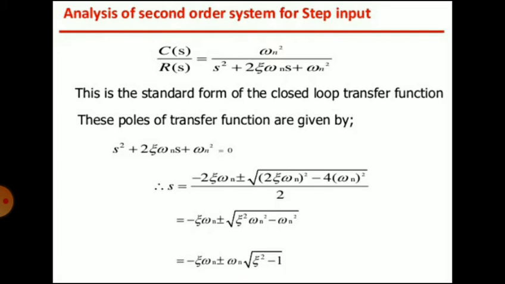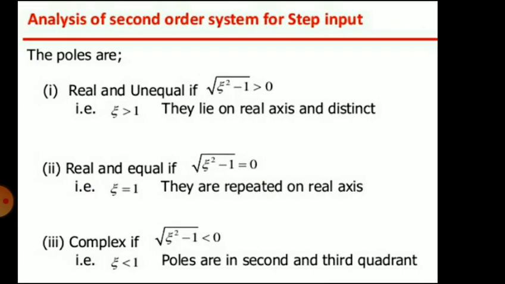So the poles of the transfer function are given by, you can find the roots of that denominator. You will get minus zeta omega n plus or minus omega n under root zeta square minus 1. So these are the roots, these poles.